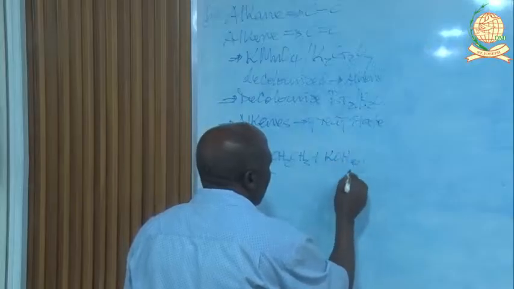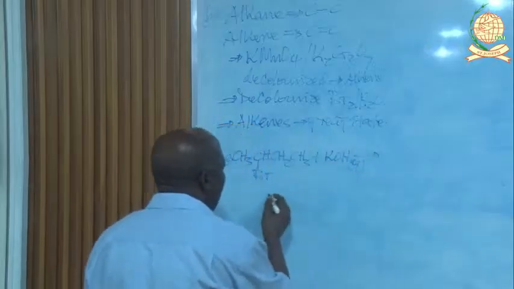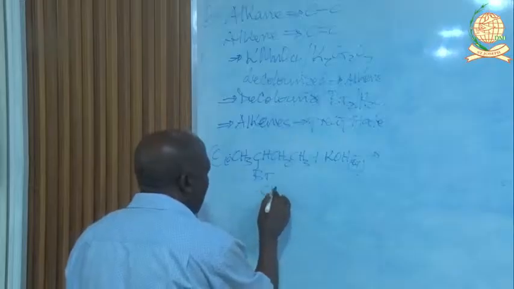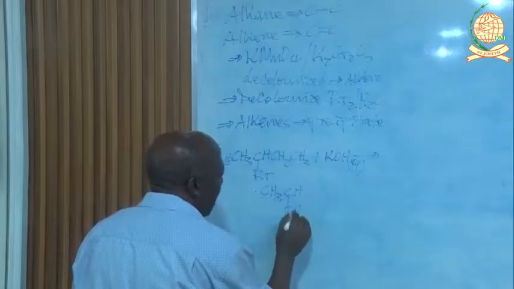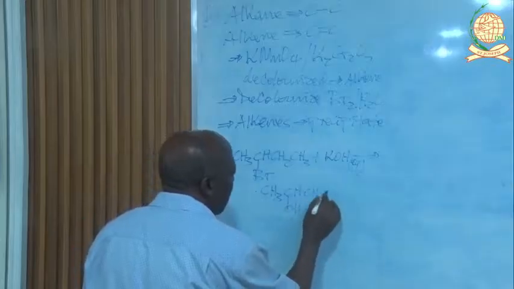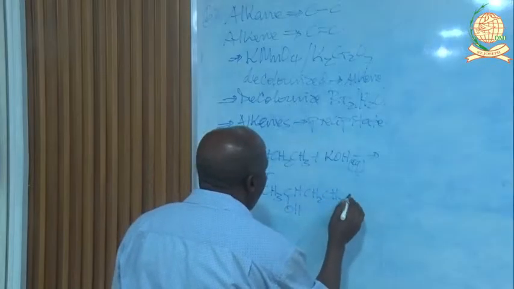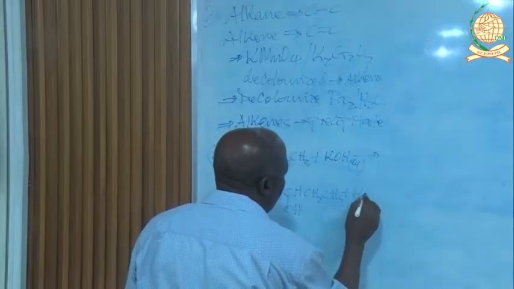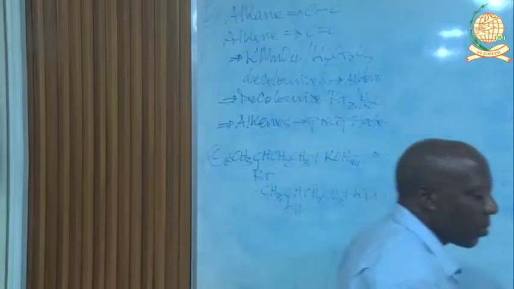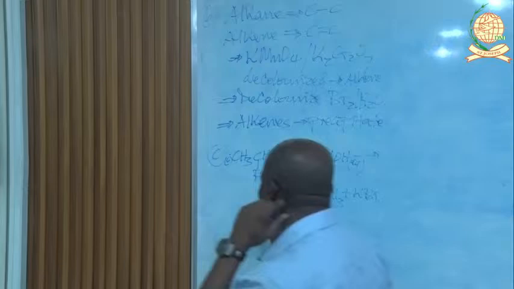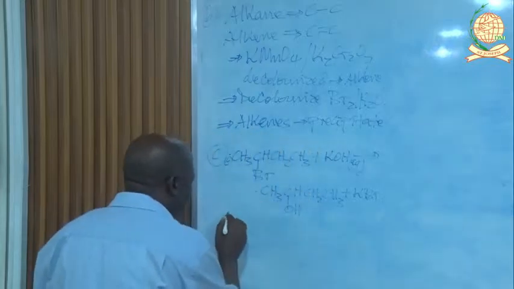So this one will end up with the formation of alcohol, CH3, CH, OH, CH3, CH2, CH3. Now, this is the potassium bromide. So this is a nucleophilic substitution reaction.